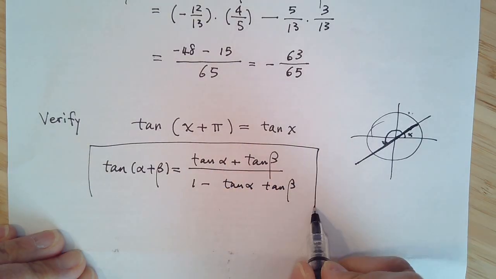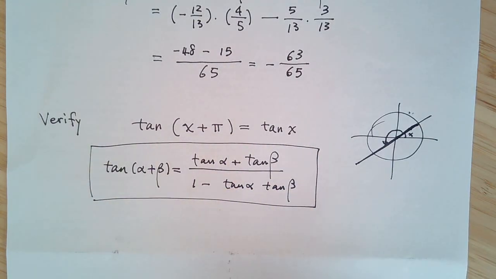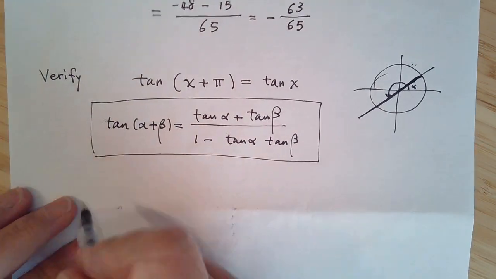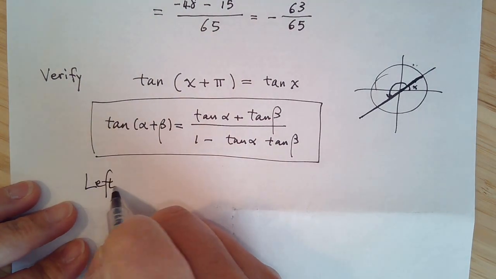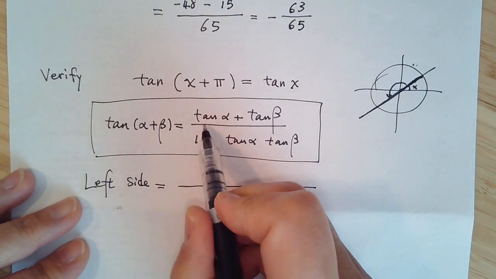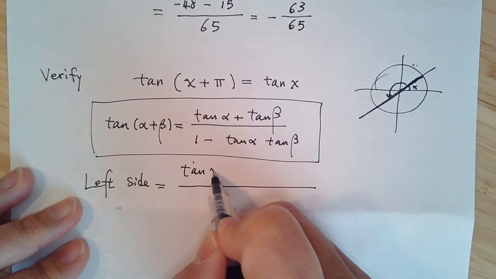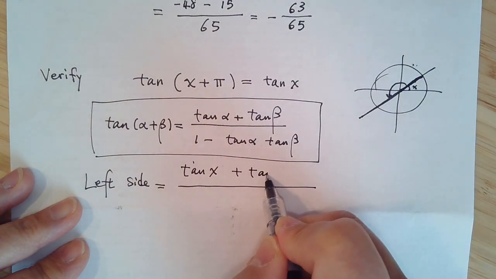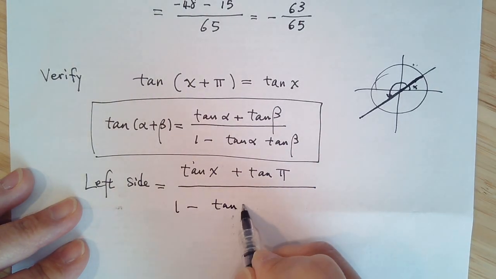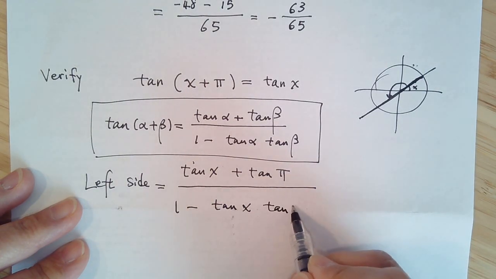This is the formula. And in our case, my alpha is x, my beta is pi. So the left side equals tangent x plus tangent pi, over 1 minus tangent x tangent pi.